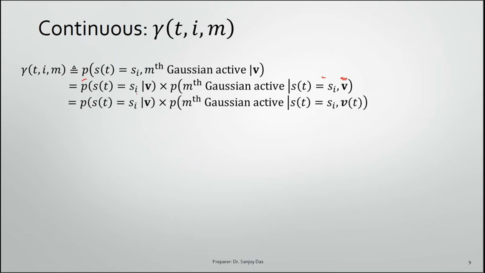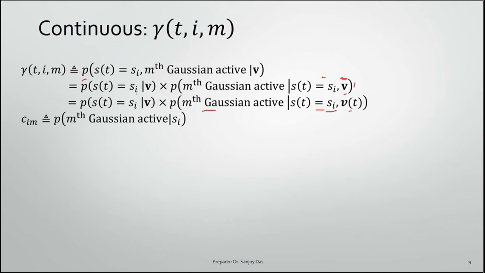Therefore, the second factor is simplified as this. This is the only difference. Instead of V, I have V_t here, and that's because this mth Gaussian being active is only when S_t equals S_i.